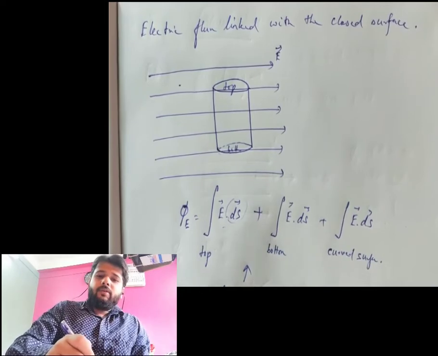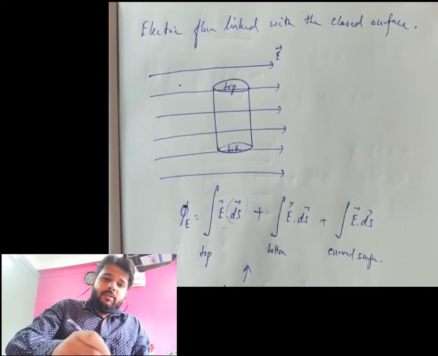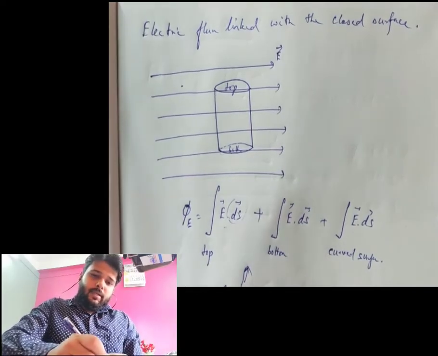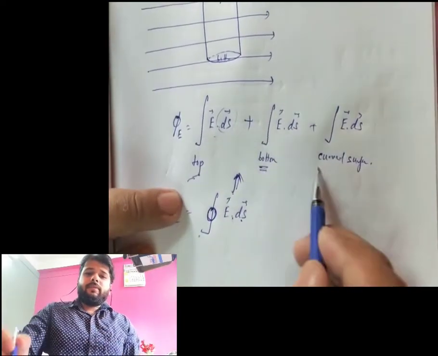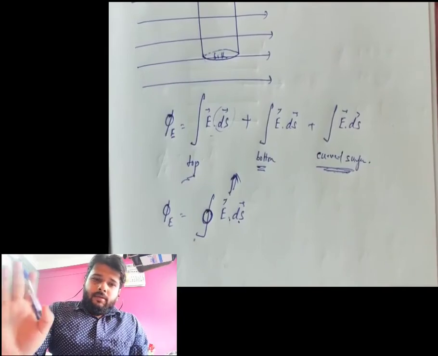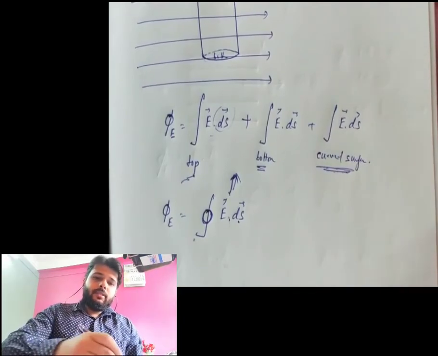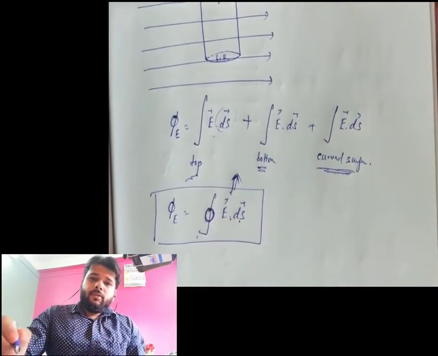Closed integral of E dot ds. If I expand this, we'll get the top surface, the bottom surface, and the curved surface area. So this is the electric flux linked with the closed surface.